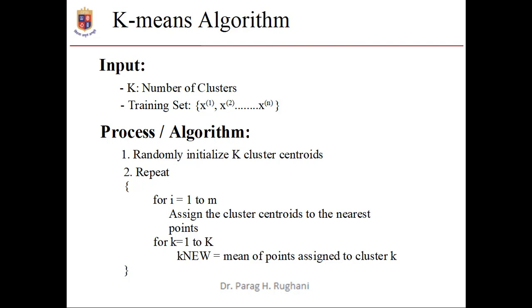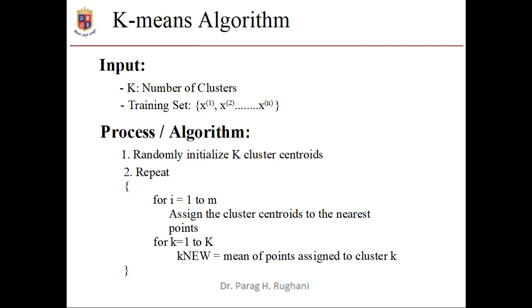In the second step, we are finding the new cluster centroid for all the clusters. That's why we are going from 1 to k, and the new k is nothing but the mean of points assigned to cluster k. If your cluster centroid 1 has been assigned 10 points from the data set, then you have to calculate the mean of all 10 points, and that mean will become the new cluster centroid for that cluster.